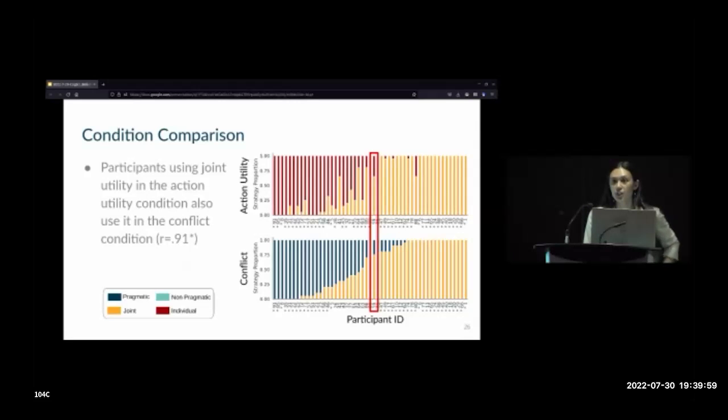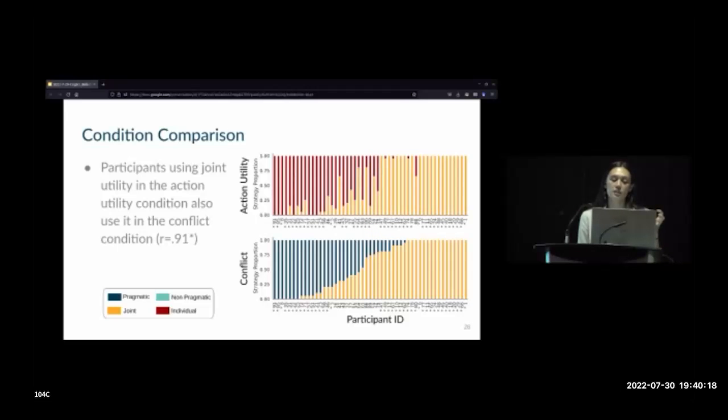In addition to looking at conditions on their own, we can actually look at how the same individuals respond across different conditions. So what we see here is the conflict condition against the utility condition, and that same individual is highlighted, and we look at the proportion of times they make each type of decision.